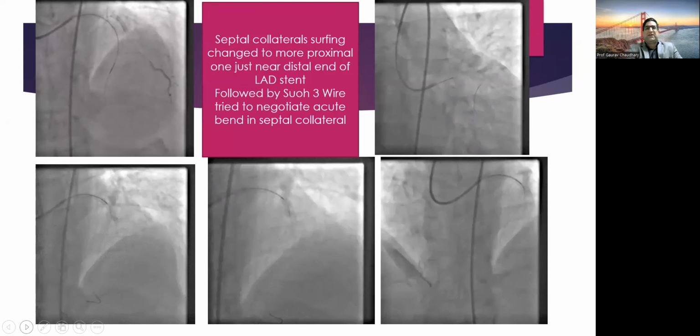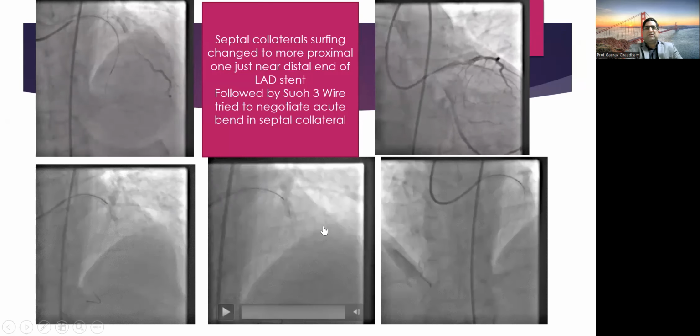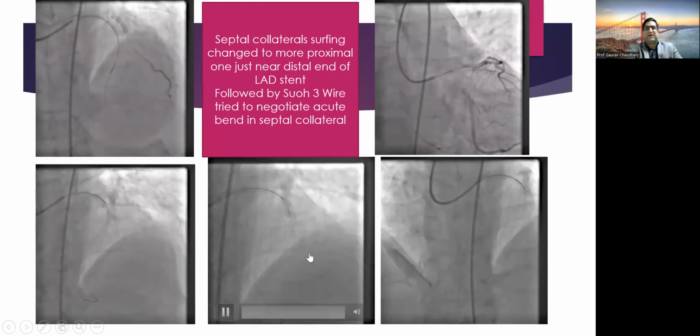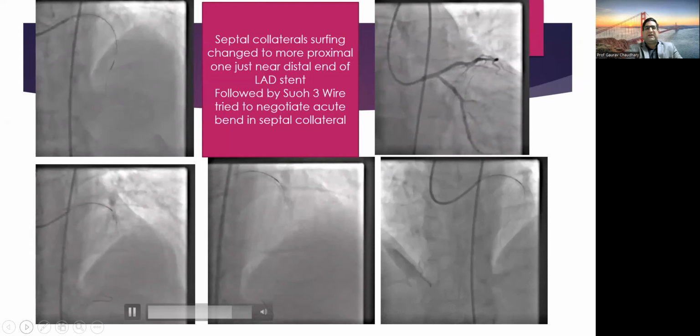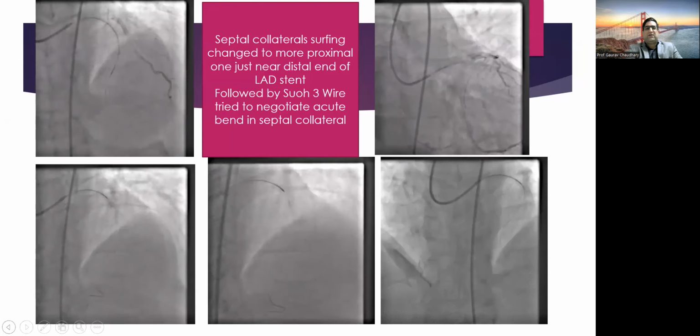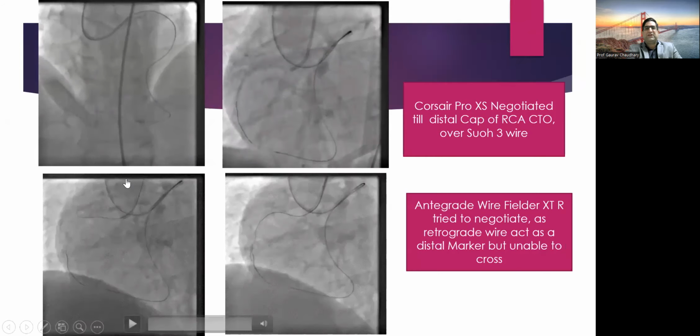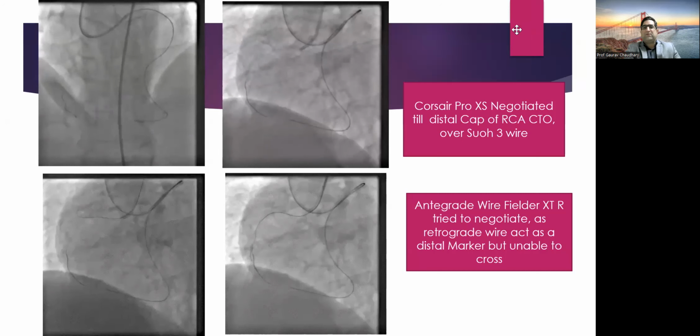Various views were taken, various wires were exchanged, and we tried the SUOH 3 wire to negotiate across the various septals across the LAD stent. Ultimately, after a lot of negotiation, we were able to take the Corsair Pro across the jailed stent, and the distal cap of the RCA was reached once we got the wire through the collateral into the distal RCA.